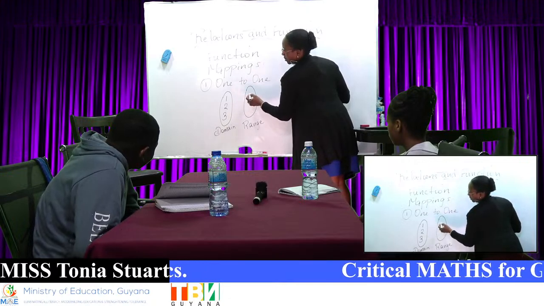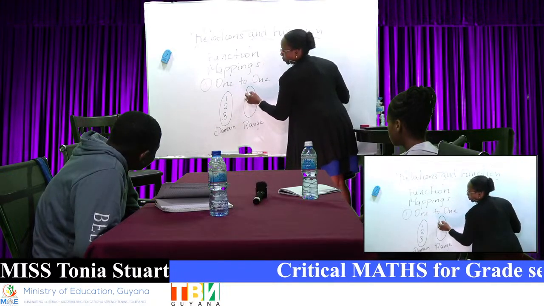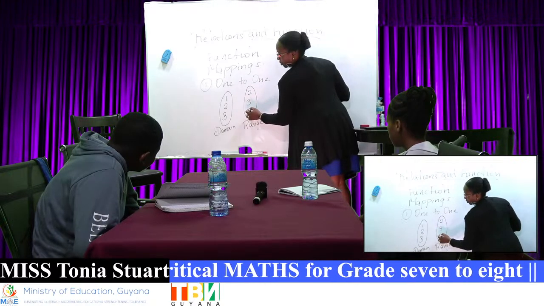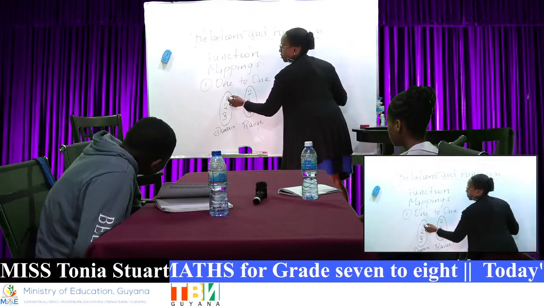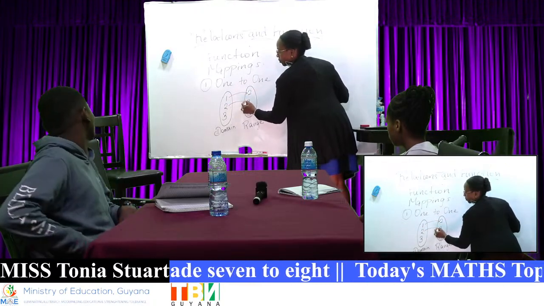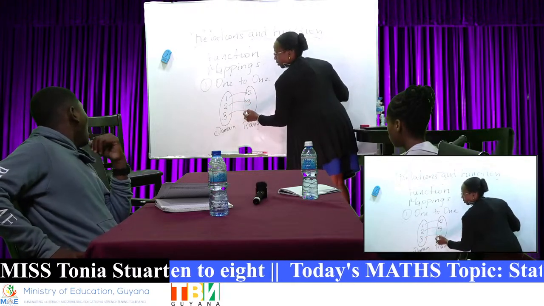So say for instance we have 1 will go to 2, 3, 4. This value will map to 1 and this value will map to 1.